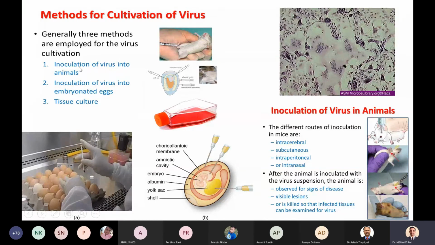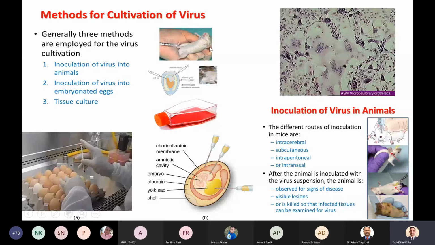The second is inoculation of virus into animals. We also screen small animals as per the guidelines of CPCSEA. There is a committee which gives clear-cut guidelines for handling of viruses, prevention, and any kind of research.